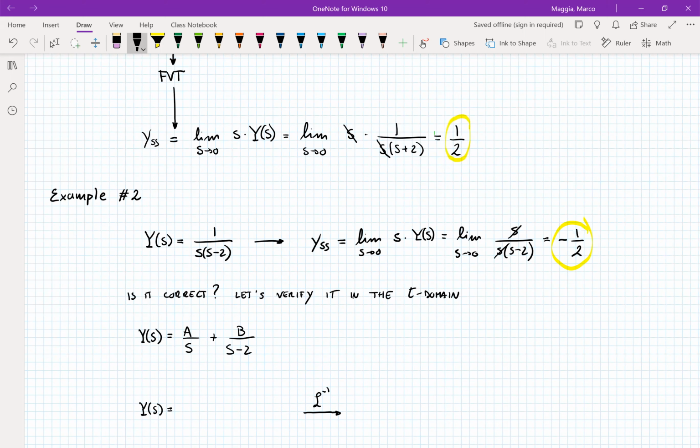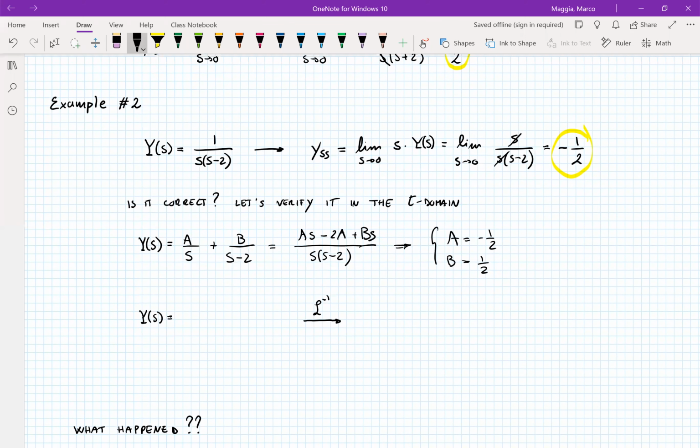They're different, so we can proceed in the normal way. So now we have to find a and b. So we have a s minus 2a plus b times s. And so this gives us, in short, a equals minus 1/2 and b equals plus 1/2.